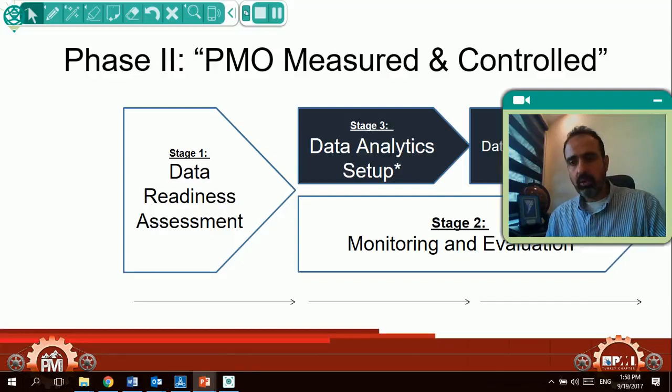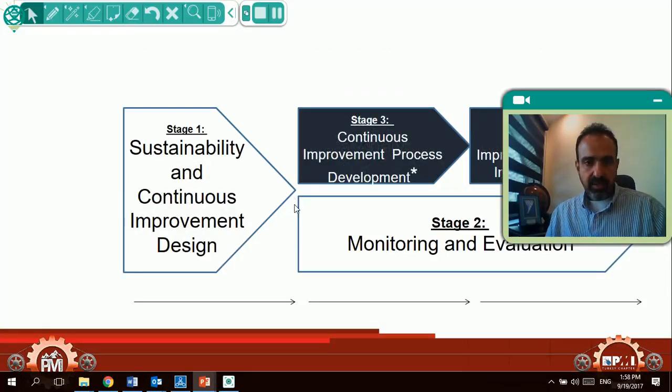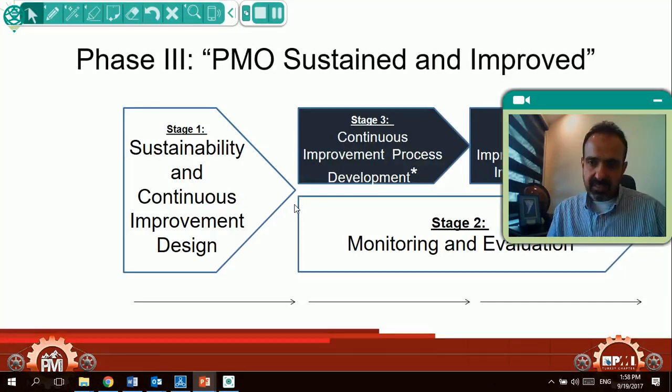And again, notice always in my phases, we have the initial setup, the big picture, we have the setup and operation, and we have monitoring and evaluation from the expert. The last phase, I like to see sustainability and improvement built into the PMO.